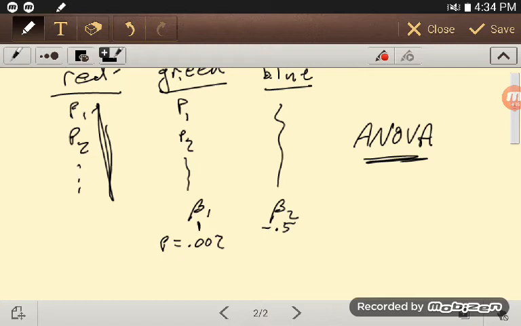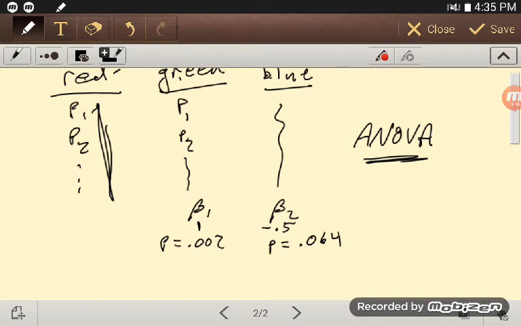So that's less than 0.05. And suppose here the p-value for this beta, this slope, was 0.064, something like that. Well, then what we would see is that, yes, at least one of these averages was different. The green average appears to be different from the red, but the blue does not appear to be different from the red.